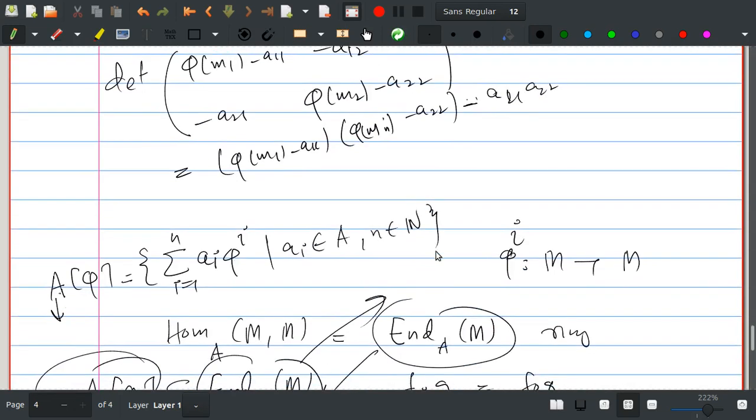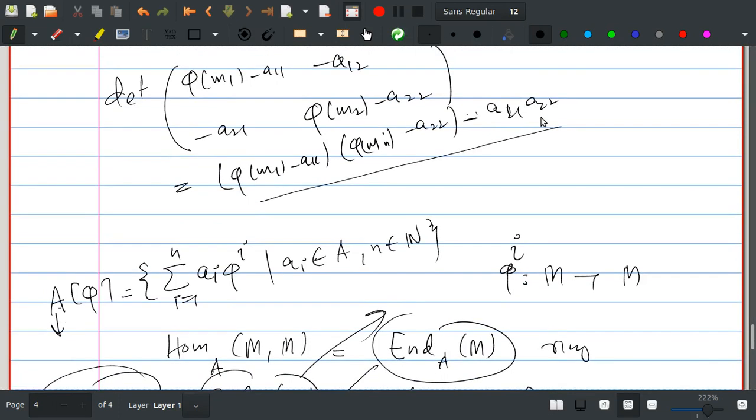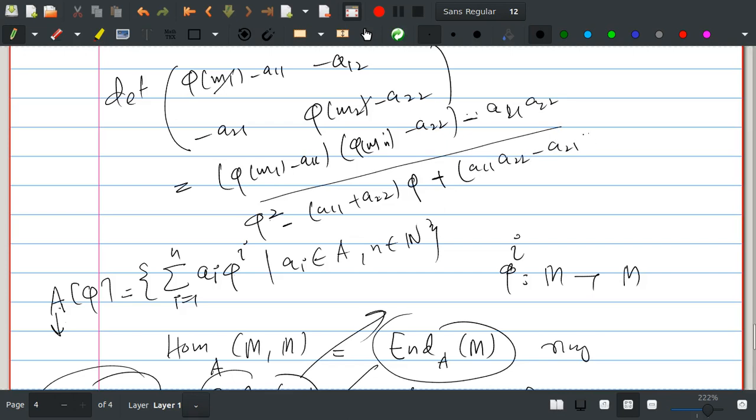Now if we look at this determinant and forget the m_i, we get phi squared minus (a11 plus a22) phi, plus a11 a22 minus a12 a21.